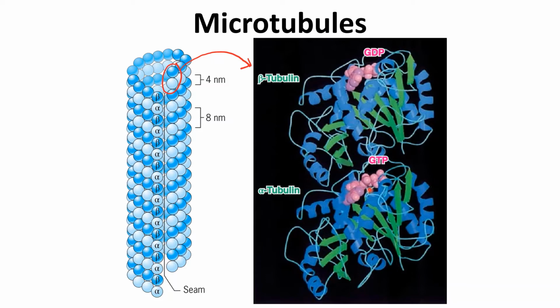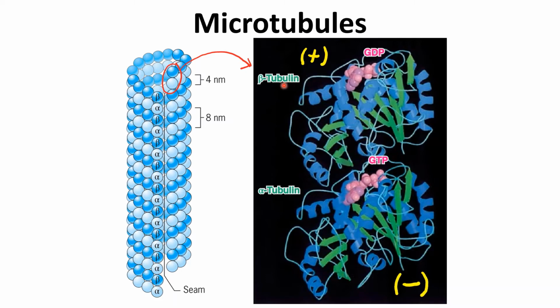Now, there is a portion here which contains GTP, and only the one found in the beta tubulin is exposed so that it can react for polymerization. The addition of new components of the microtubule, if it needs to become longer, is only possible on this plus end where the beta tubulin is present.